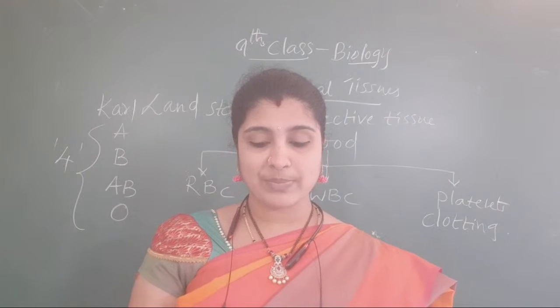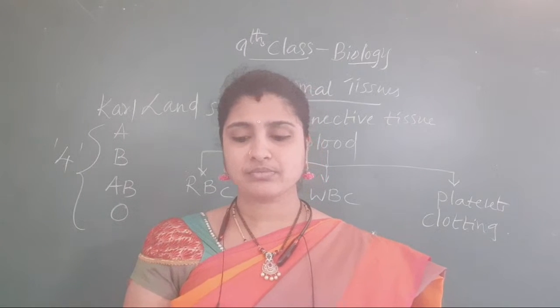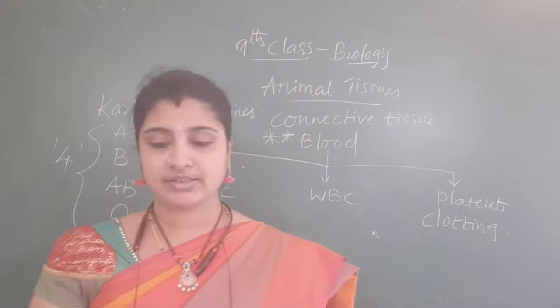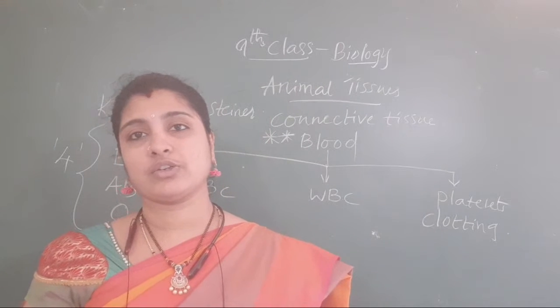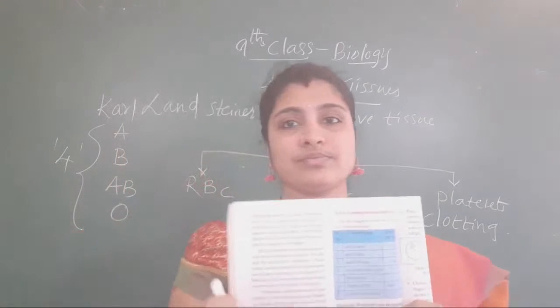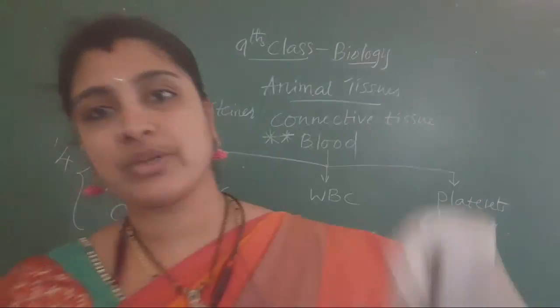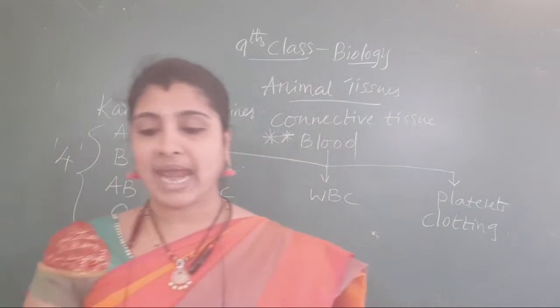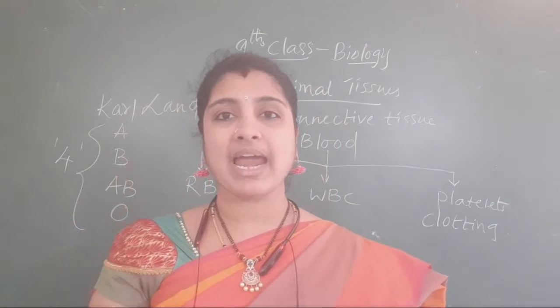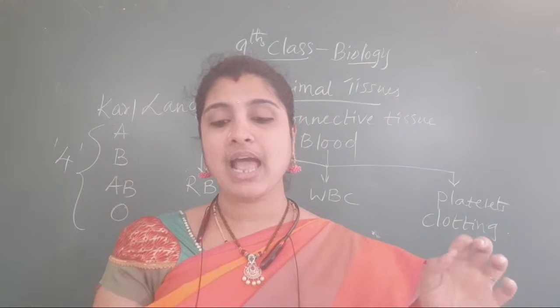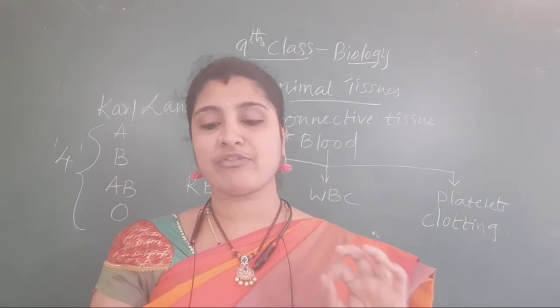So what are those components? Open the page number. The first ones you see here: anti-A sera 5 ml, anti-B sera 5 ml, anti-RHD sera 5 ml.